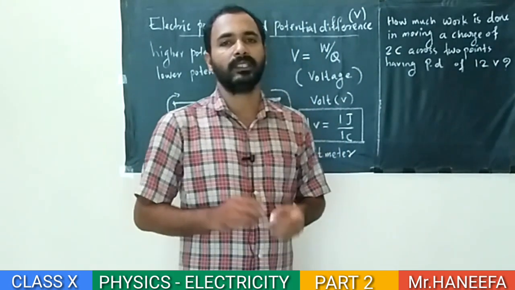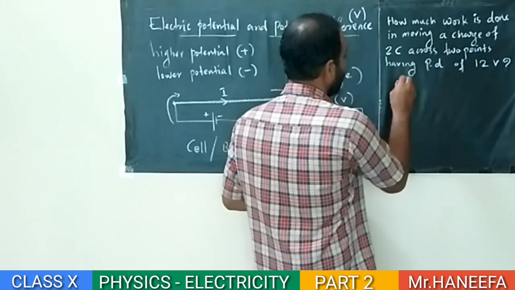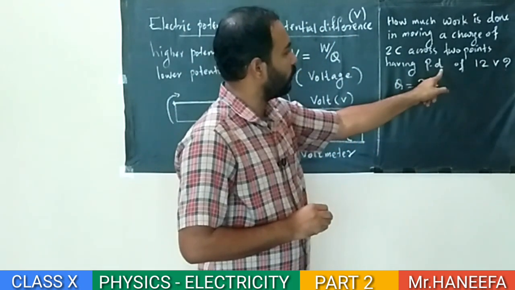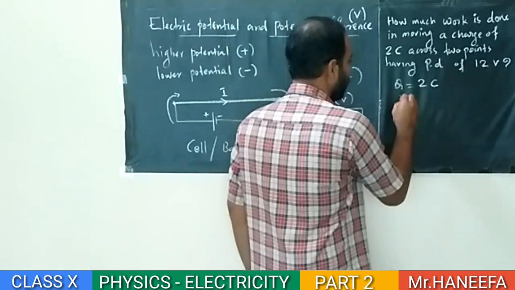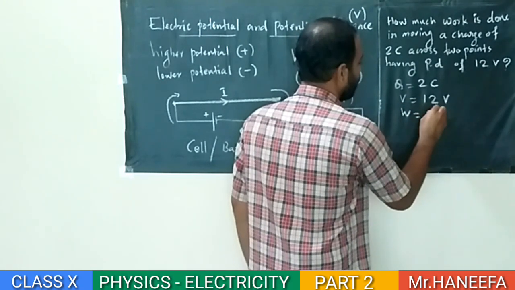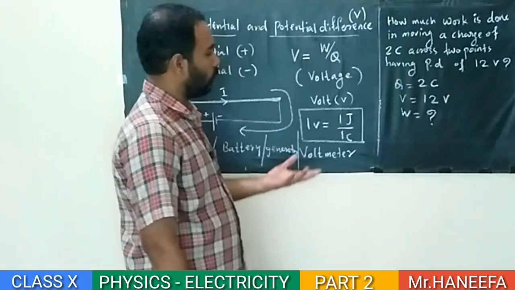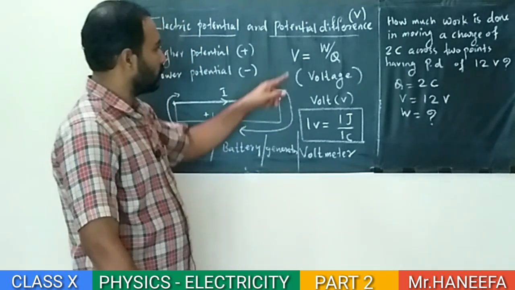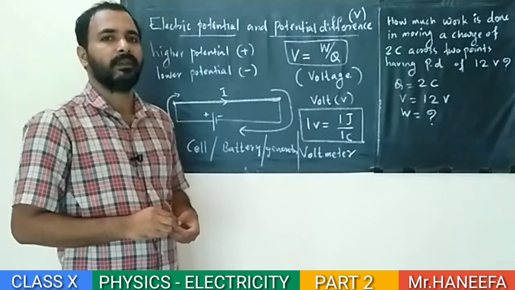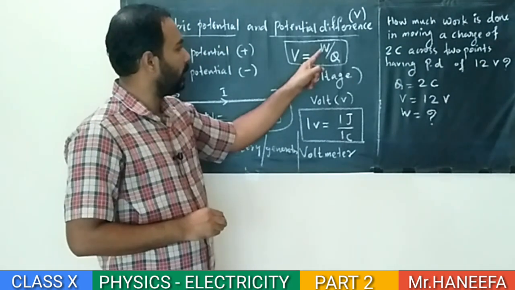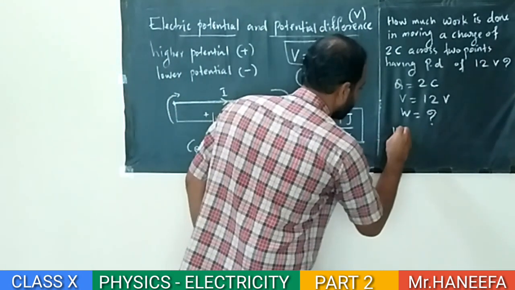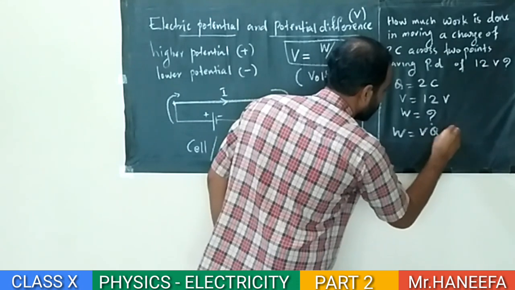So what are the given terms? Q equal to 2 coulomb. Potential difference, that means V equal to 12 volt. We have to find W. What is the equation to find W? The equation is V equal to W divided by Q. So W equal to Q multiplied with V. W equal to VQ.